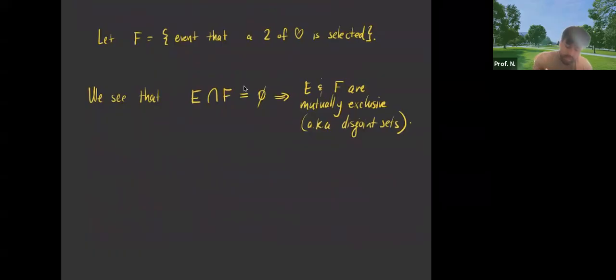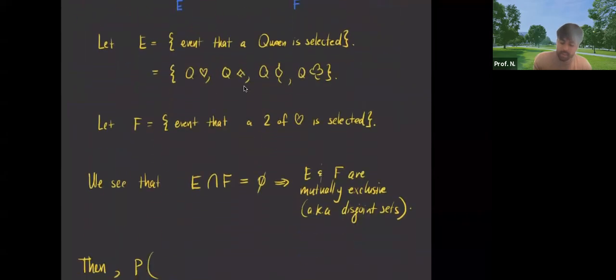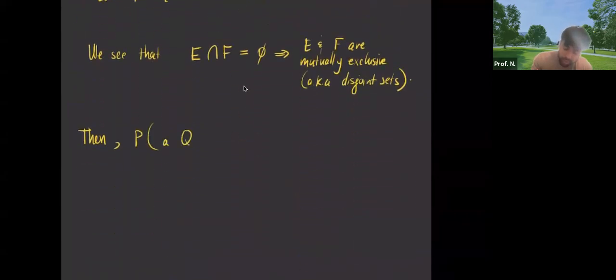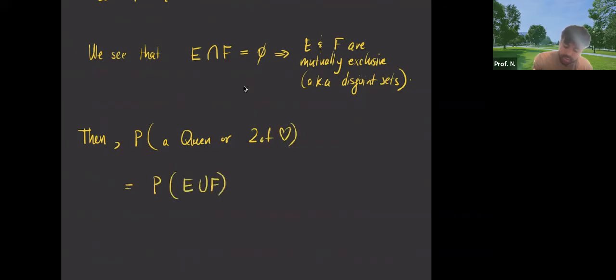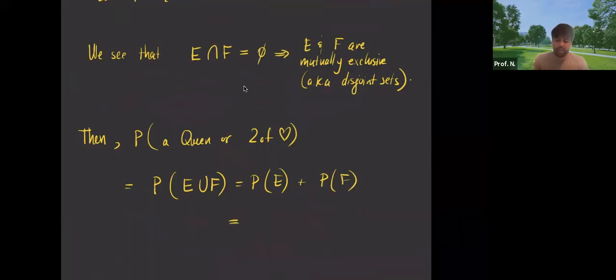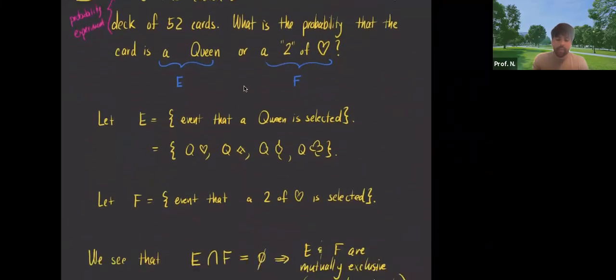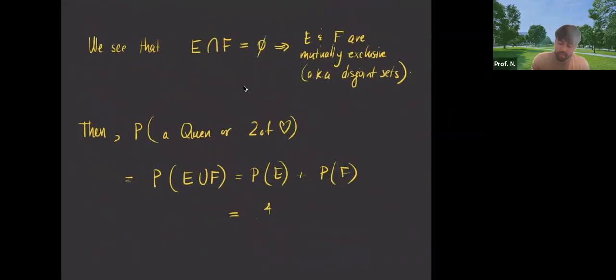So what's the probability that we get a queen or a two of hearts? We can write it as the probability that E union F occurs, which is the probability that E occurs plus the probability that F occurs. For E, we have only four possibilities out of the total 52.